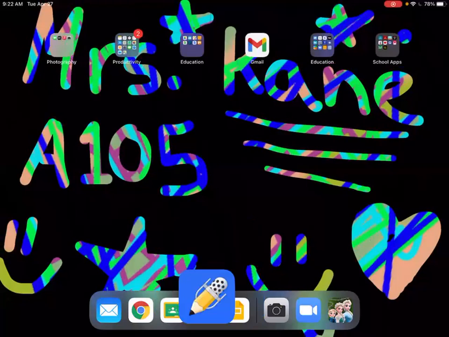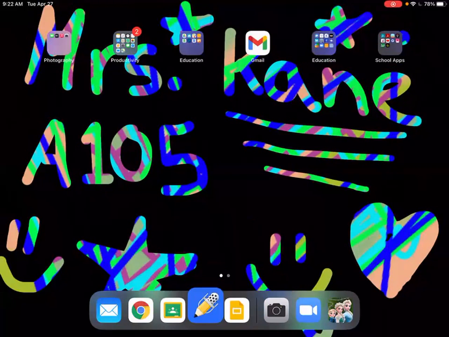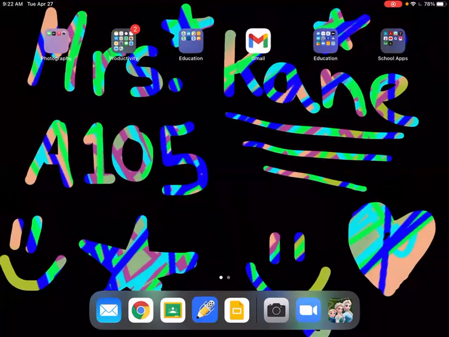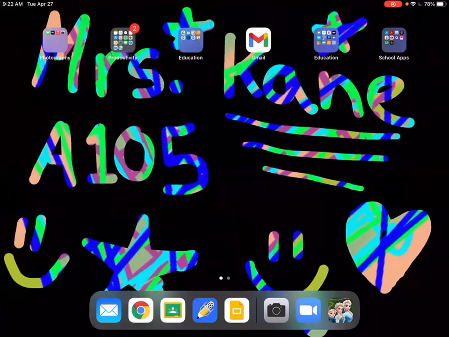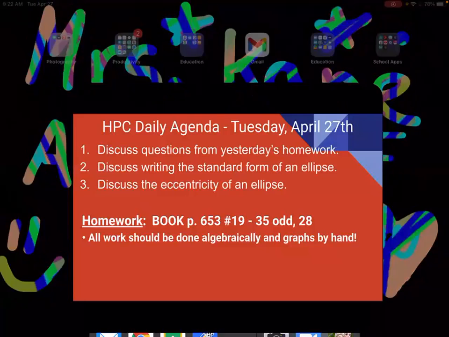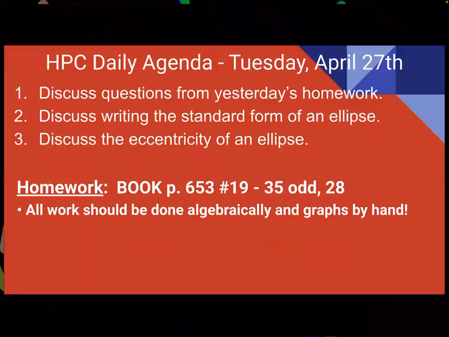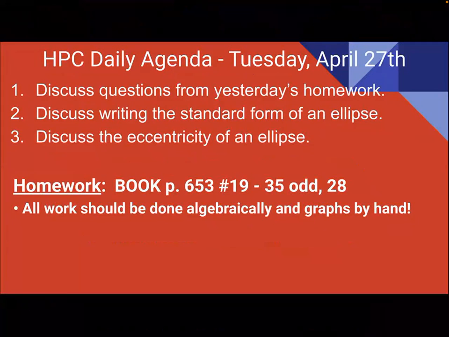And that standard form is going to be found by using the information that you're given. So the homework is numbers 19 to 35 odd. And then number 28, because I like number 28 and 19 to 35 didn't have an example like number 28 in that group. So 19 to 35 odd, and then number 28.